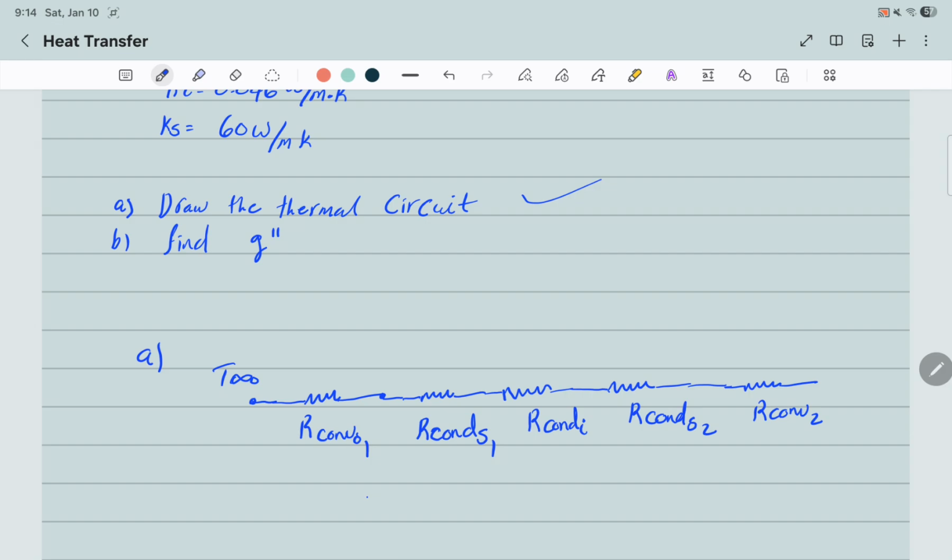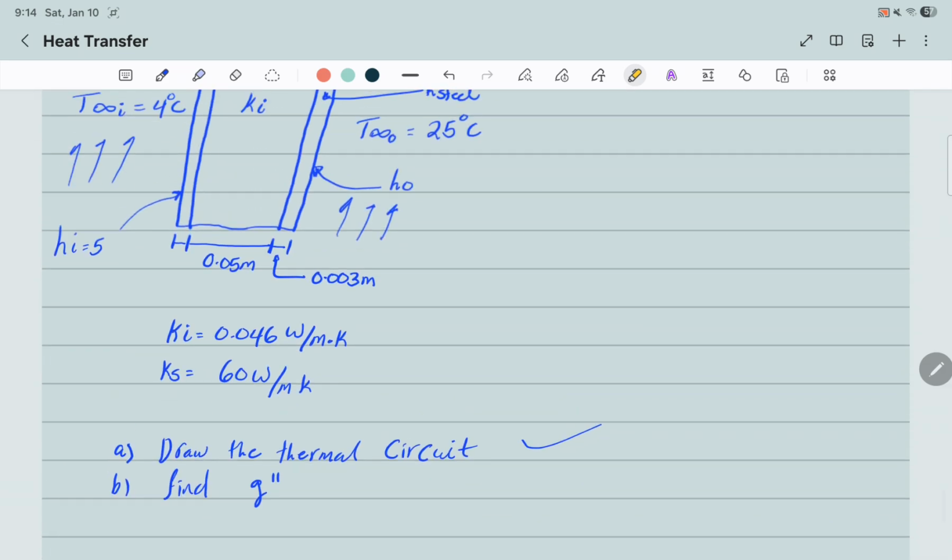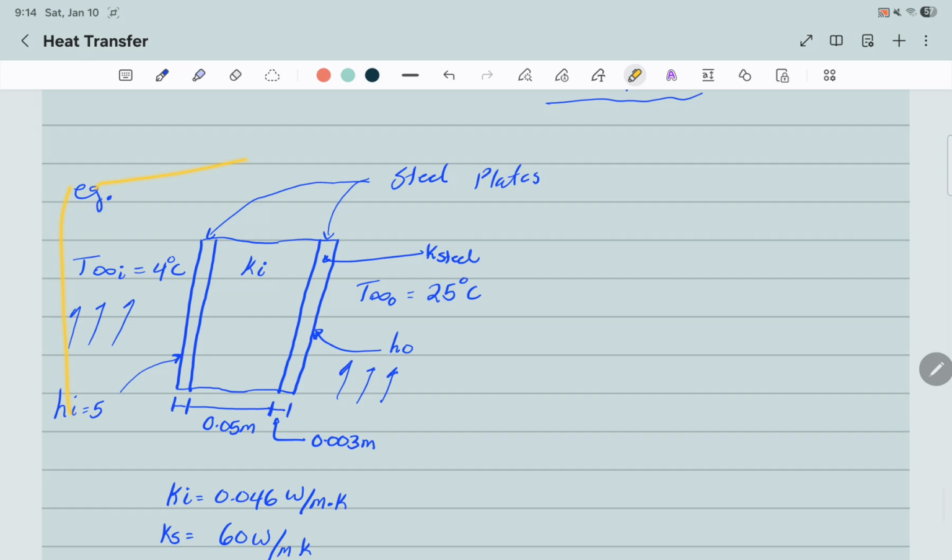This is first convection. And your final surrounding temperature is T infinity I, which is the inner surrounding temperature. So that right there is our thermal circuit for this system.